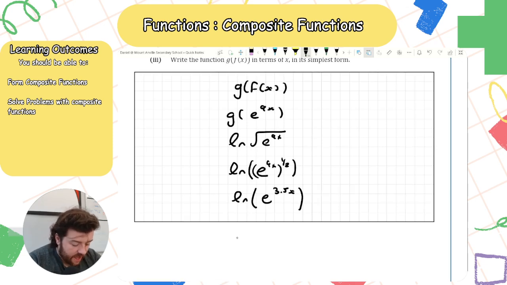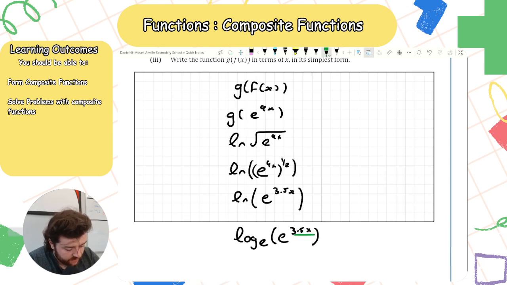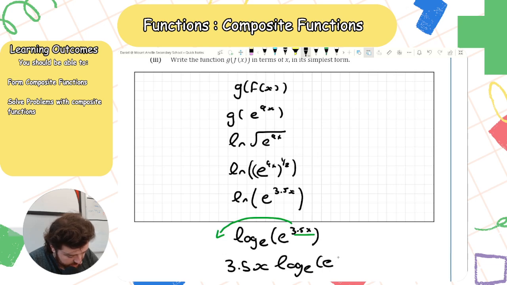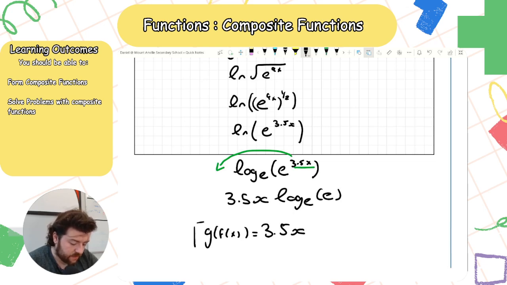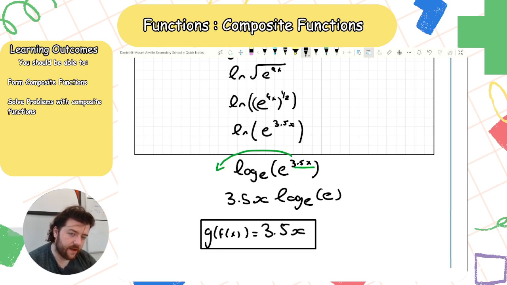Then I now have log base e, which is what ln is, of e to the power of 4.5x. Using my rules of logs, I can bring this down in front by any powers. So 4.5x log e of e, which is equal to 4.5x, because log base e of e is equal to 1. So g of f of x is actually equal to 4.5x.